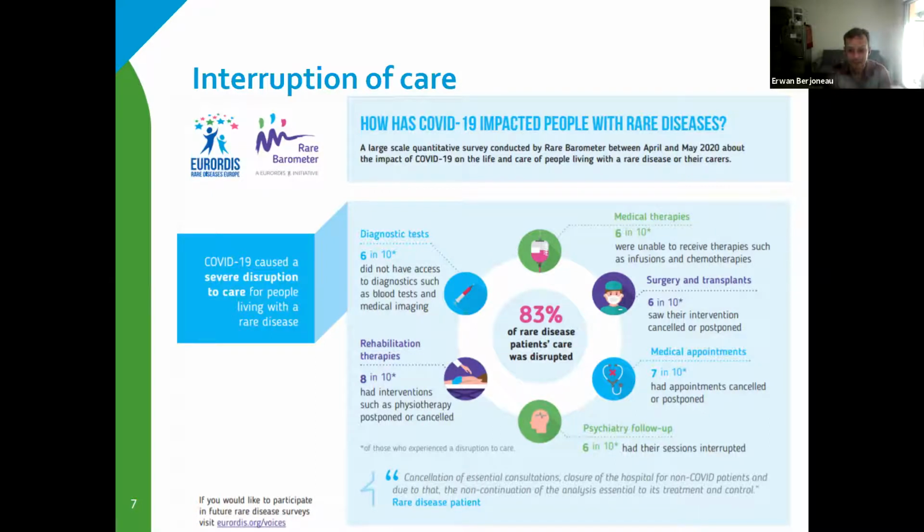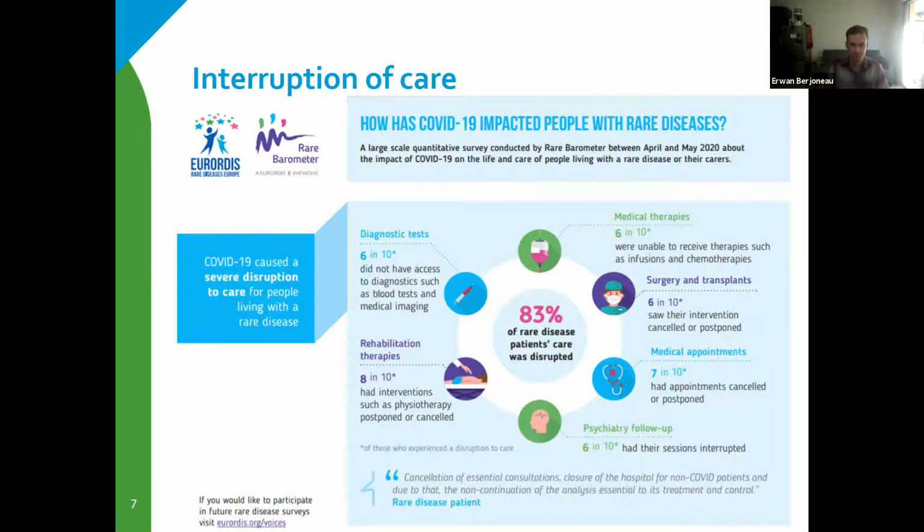Now, in the center is the main takeaway. So here it's 83% of rare disease patients' care that was disrupted. So the first theme is interruption of care. And we have listed 6 different types of care: medical therapies, surgery or transplant, medical appointment, psychiatry follow-up, etc.